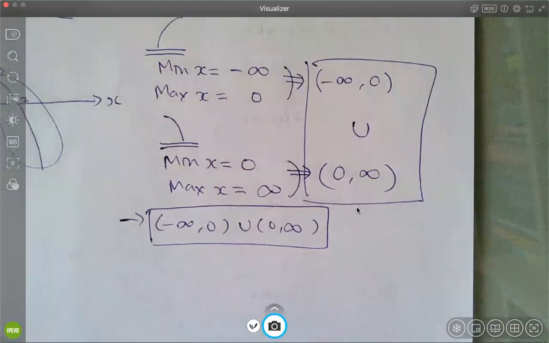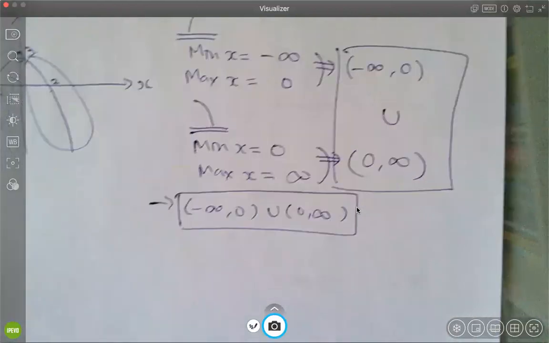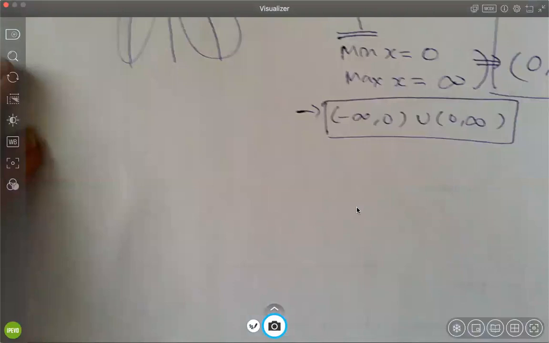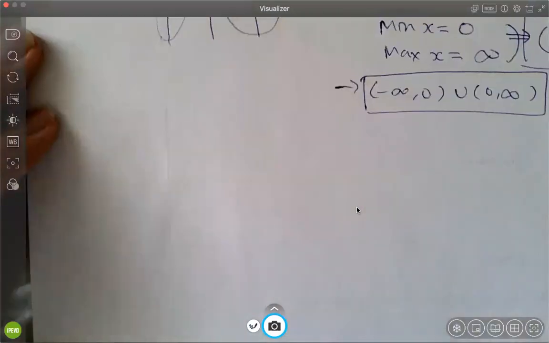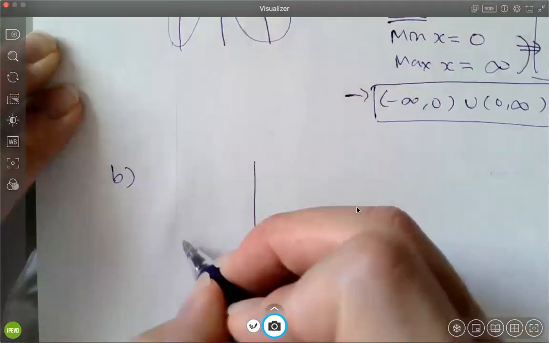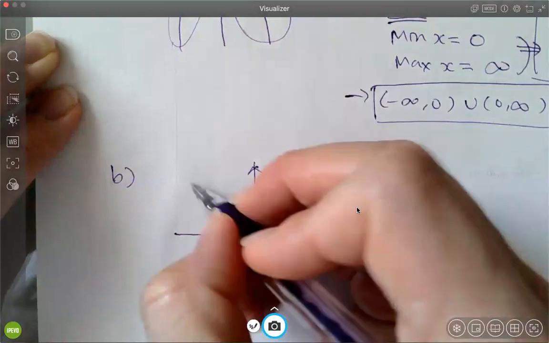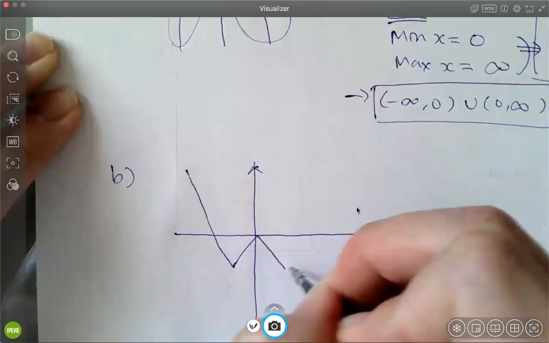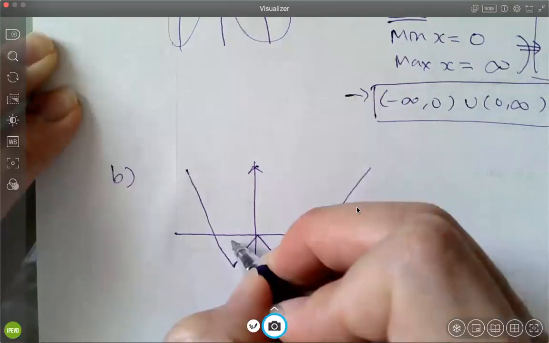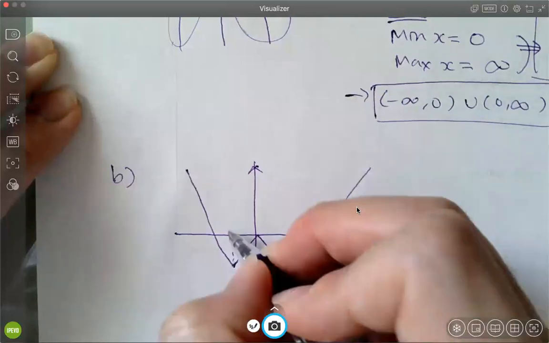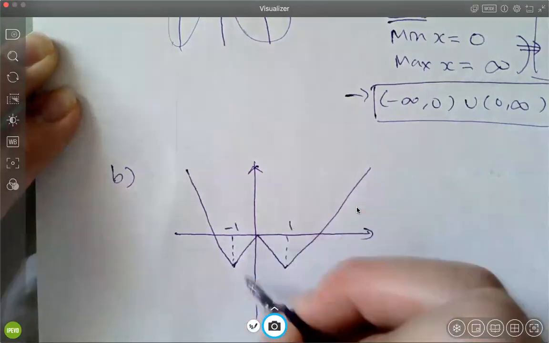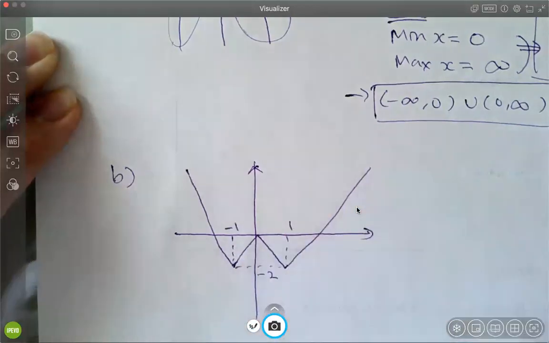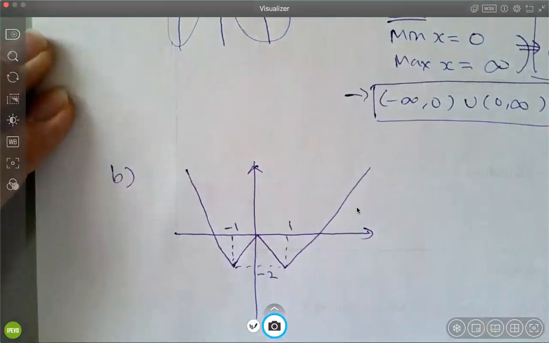And now part B, and then that will be it for the day. So the graph looks like this. It has the W-shaped graph.